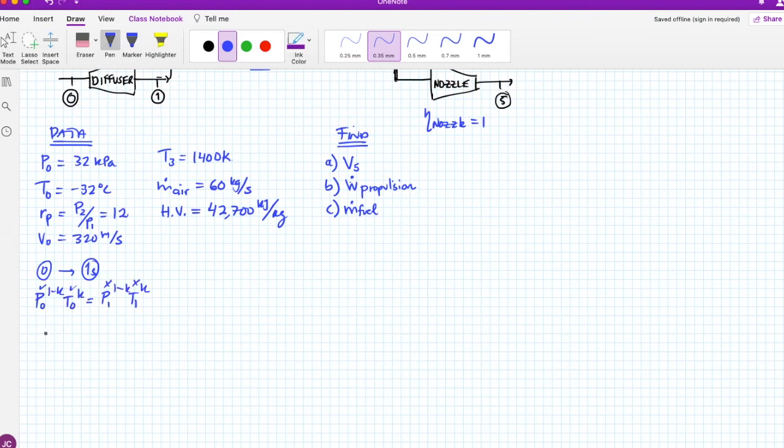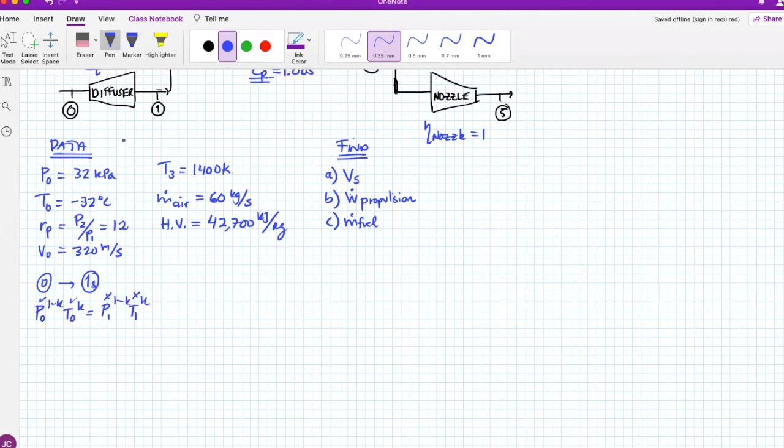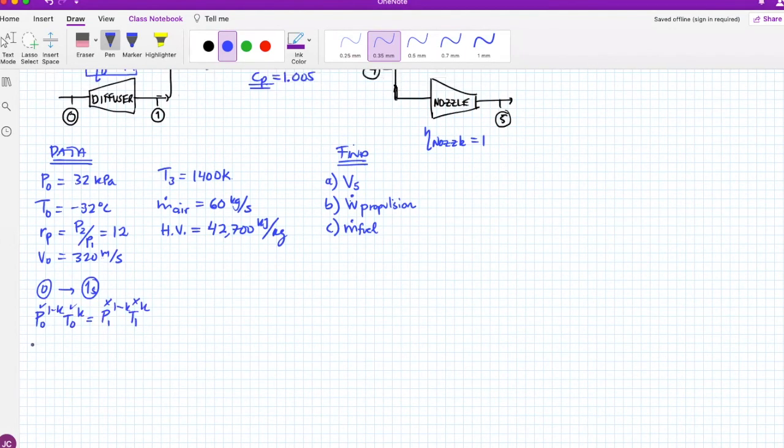You should use the first law for this diffuser. You can do it because you will have H0 plus V0 squared divided by 2 equal to H1 plus V1 squared divided by 2. I'm going to use an assumption that maybe seems a little brusque at first, but hopefully makes some sense, because I don't have data for the velocity at 1.